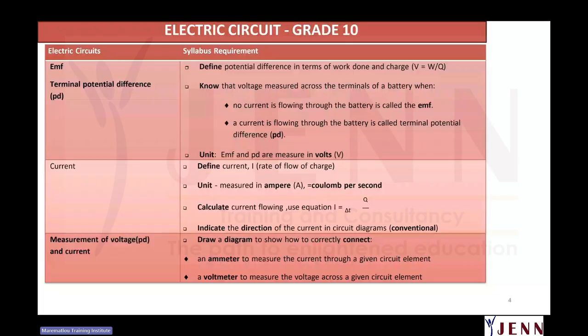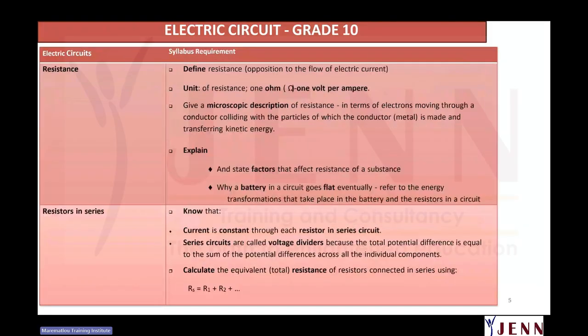Now, typically when we look at a circuit, we have symbols that we use in a circuit. And those are important symbols for us to remember. We have some of the following symbols.